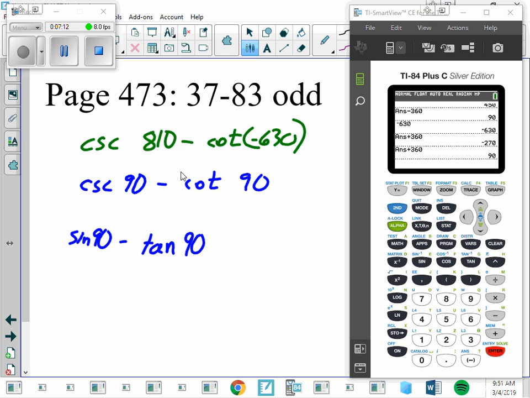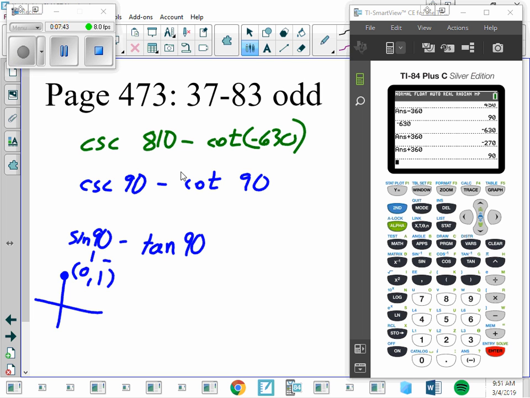Does that make sense? So at 90 degrees, what is this point? 0, 1. So the sine of 90 is 1 minus, what is the tangent of 90? Y over x, which is 1 divided by 0, which is infinity. You can't divide by 0. So this one doesn't have an answer.